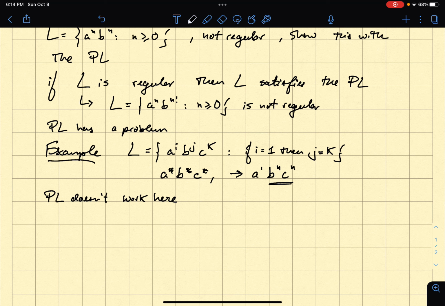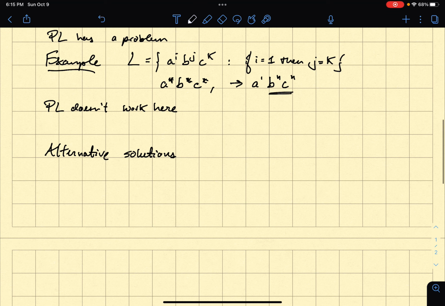Okay, and so then we saw that this doesn't mean that all hope is lost, and there are some alternative solutions. One alternative solution that we talked about is, for instance, using closure properties.